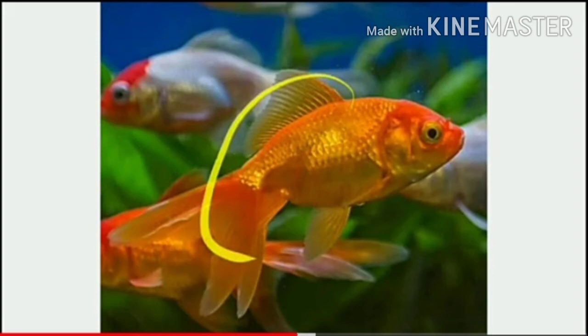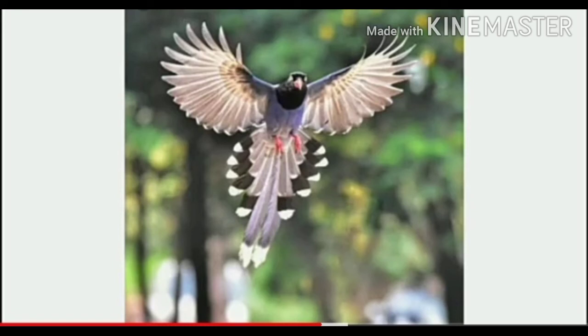And this is one more example: birds, which I showed you in the first slide. Birds also obey Newton's third law. The reason is that when birds fly, they push the air downwards with their wings. Like this they will be flying. What is the actual process?